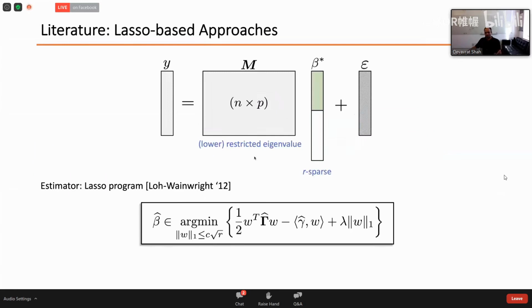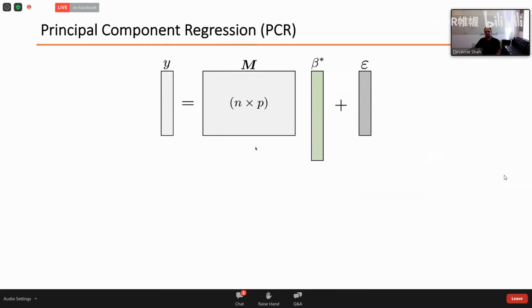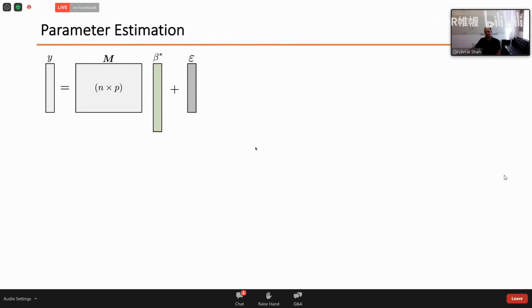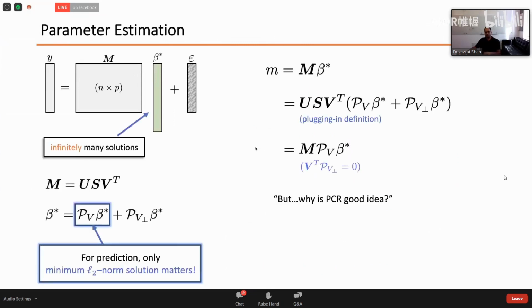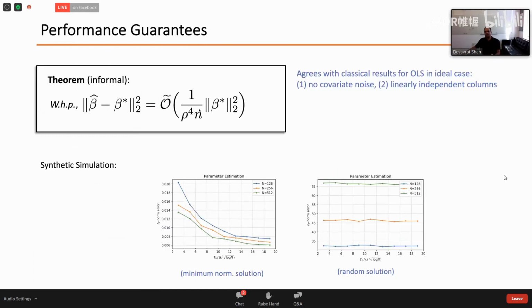And what we surprisingly find is that, unlike lasso-based methods which require model information, this is completely model agnostic. It has the best possible rate that's available out there, as if it's a linear regression.